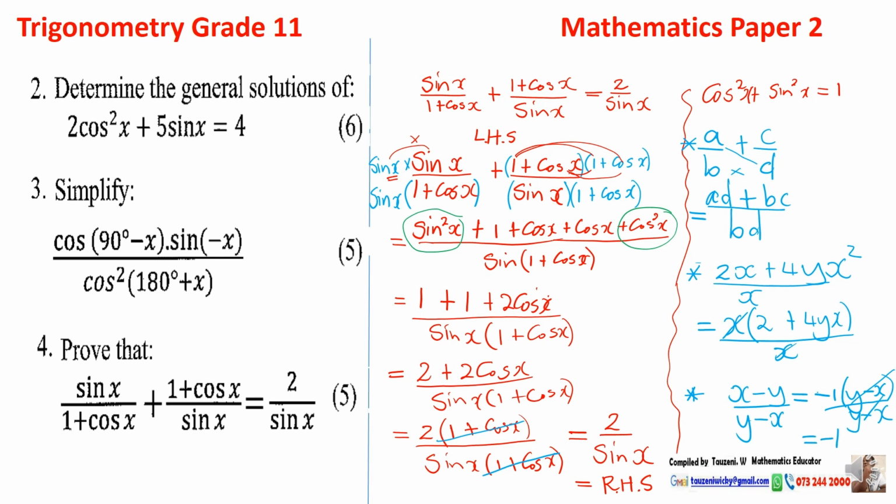So when I'm doing my identities, I must have these general ideas from algebra that are also applicable in working out the expressions. That's proving identities. We have proved this identity, and that answers the last question, number 4.